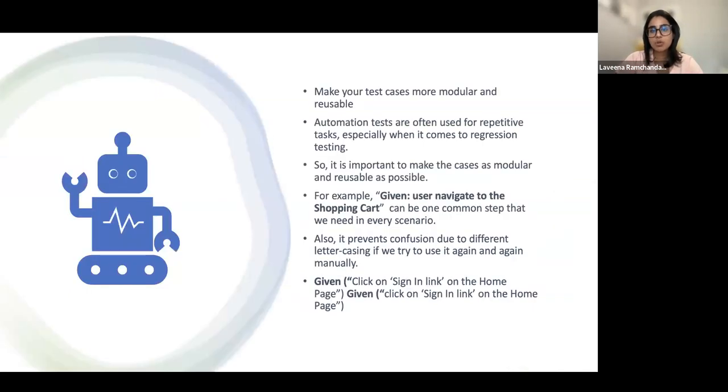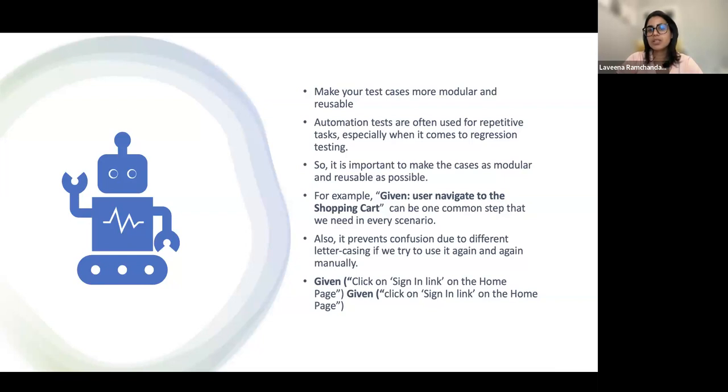Make your test cases more modular and reusable. Automation tests are often used for repetitive tasks, especially when it comes to regression testing. So it is important to make the cases as modular and reusable as possible. For example, given user navigates to the shopping cart can be a common step that we need in every scenario.